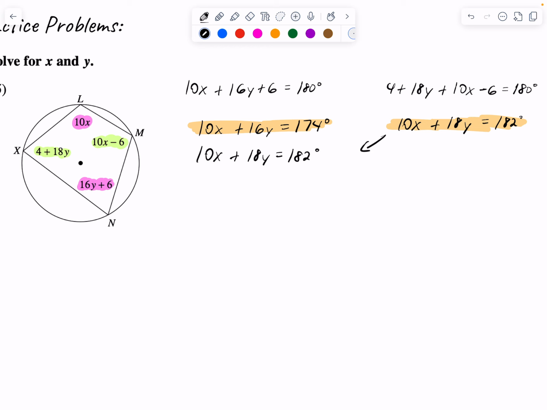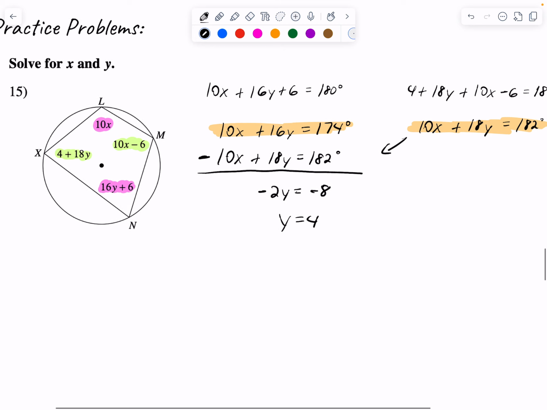I notice that the coefficient in front of x is the same in both, so I'm going to subtract. 10x minus 10x is nothing. 16y minus 18y is negative 2y. 174 degrees minus 182 degrees is negative 8, so y is equal to 4.